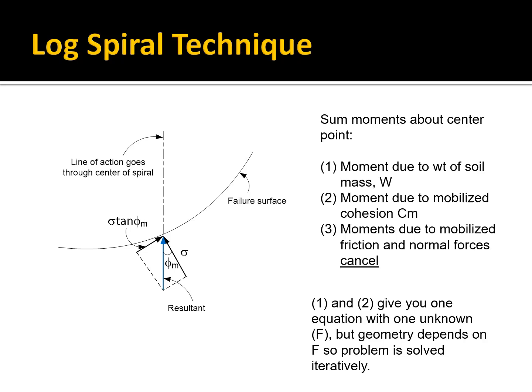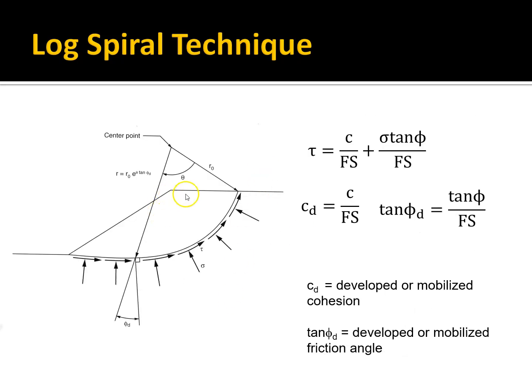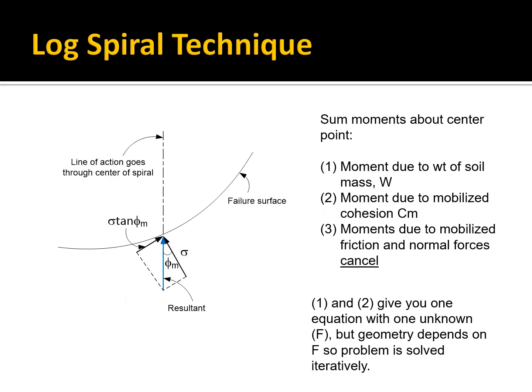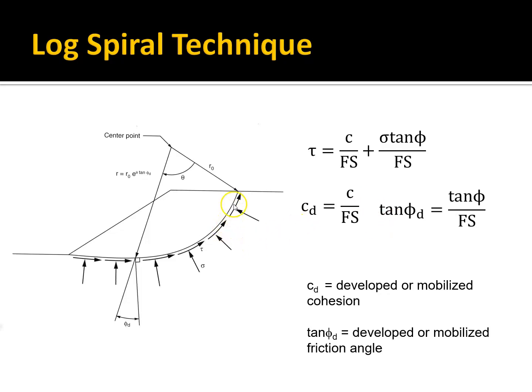And we're left with the moment due to the weight of the soil mass. So it's not shown here, but if you were to compute the weight of the soil mass, find the centroid, there would be a weight term, and you'd have a moment based on the distance of that from the center. And then there's a moment due to mobilized cohesion. So that would be cohesion that acts parallel to the surface, along the surface.